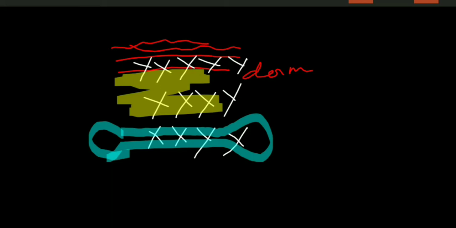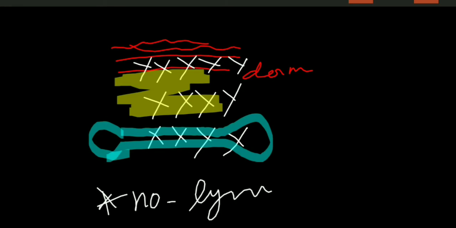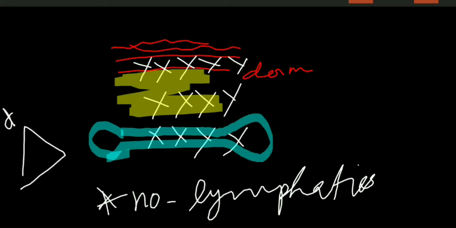And very important to remember, there is no involvement of lymphatics. So that is how it is differentiated from sporotrichosis. In that also there will be a history of thorn prick, but the presentation is entirely different. Here we have told about the triad of grains, swelling or tumefaction, and also sinus.